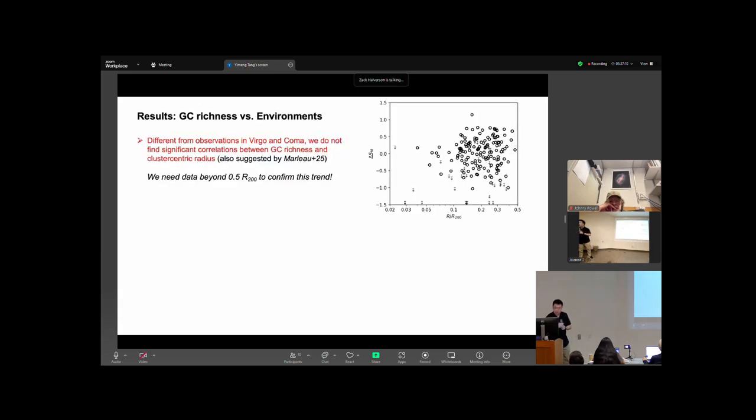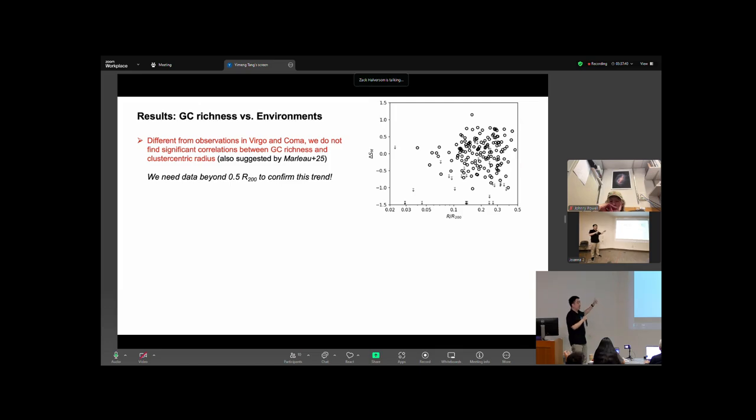Then we find Perseus starts to behave very differently if we plot the GC richness versus environment, compared to Virgo and Coma. As I said earlier, there's a strong correlation between GC richness and cluster-centric radius in Virgo and Coma, but we found nothing in Perseus.